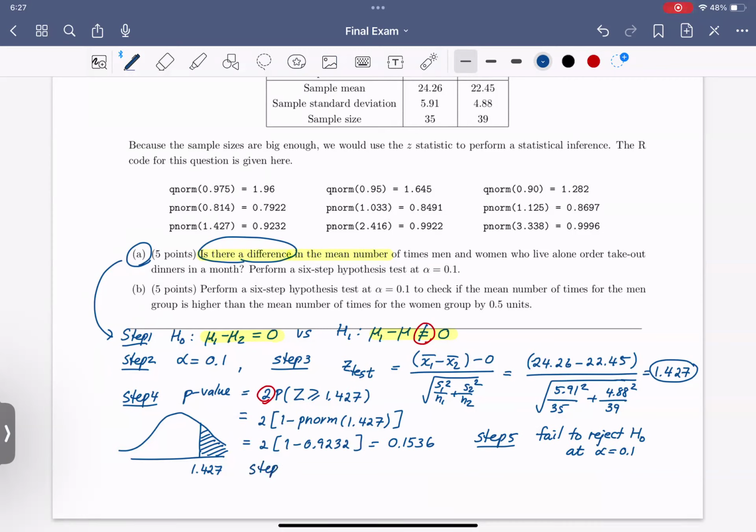And step 6, that means there is not enough evidence to conclude that the mean number of times differ.